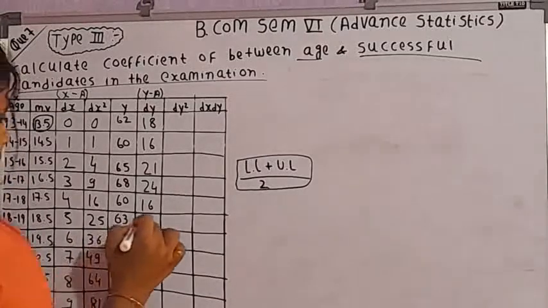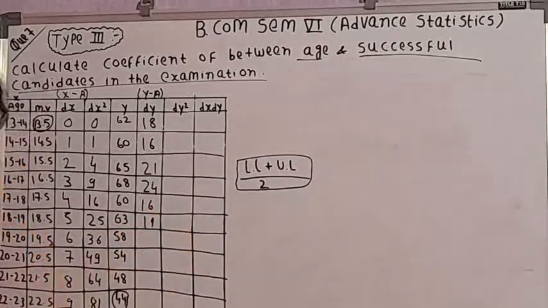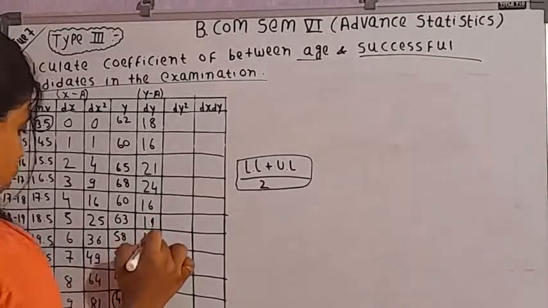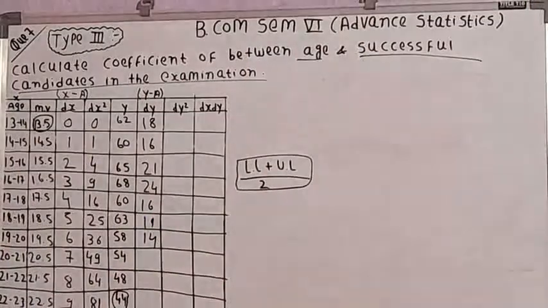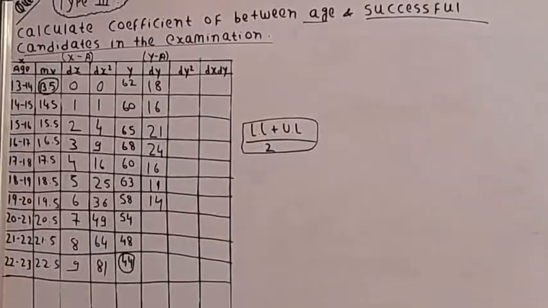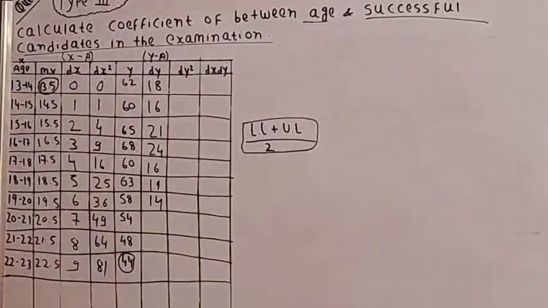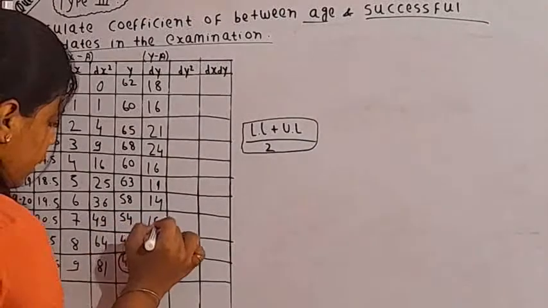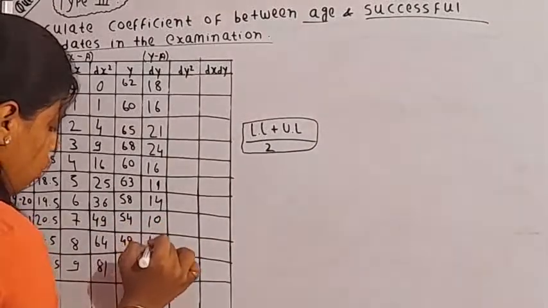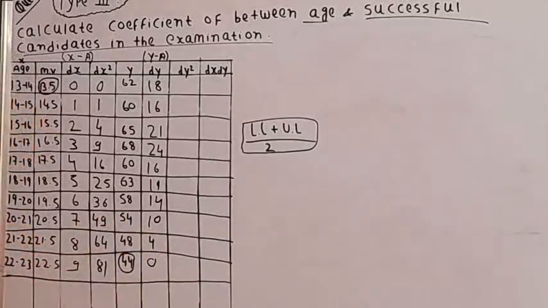So it will be 19. 58 minus 44. So it will be 14. Then what is the next item? Next item is 54. So 54 minus 44. It would be 10. Then 48 minus 44, 4. Then 44 minus 44, 0. So this way we have completed the dy series as well.